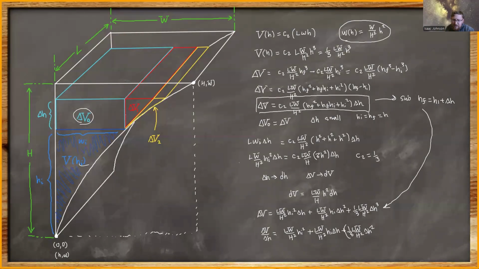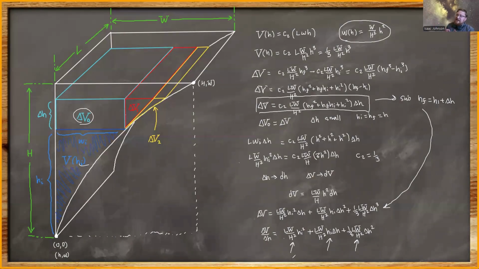So this term gets small really quick as delta H gets small. This term gets small pretty quick as delta H gets small. What does this term do as delta H gets small? That's just a constant. It does nothing, right? So what we have is really shrinking, stays steady.